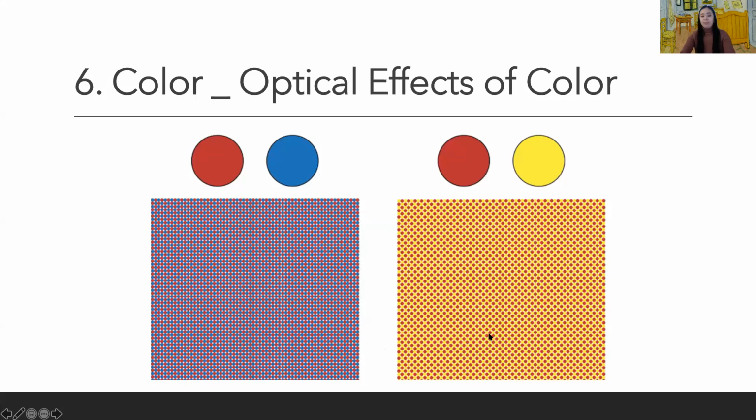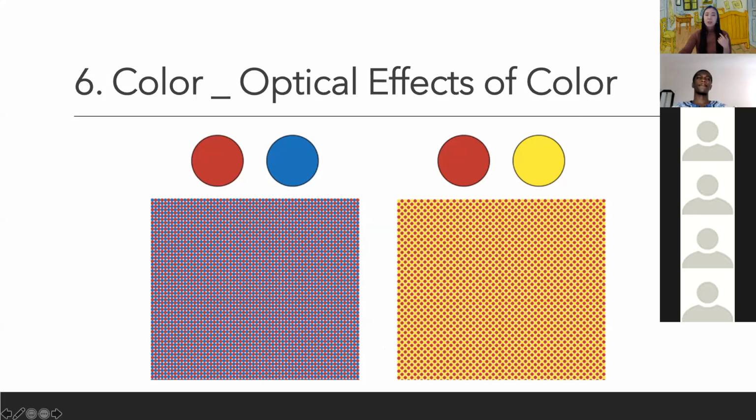Now, stay a little bit away from your computer monitor, and let's look at these boxes with your eyes half closed, like this. Which color can you see in the boxes? Stay a little bit away from your screen.